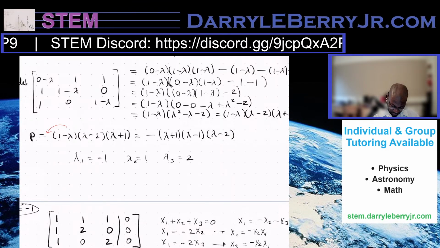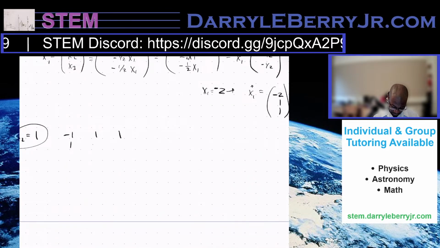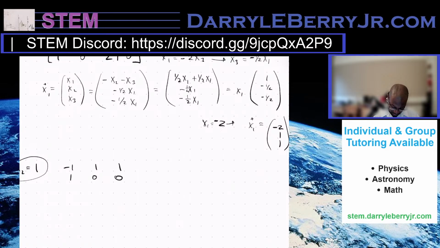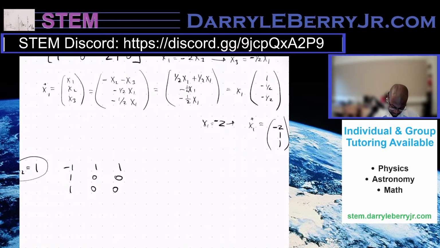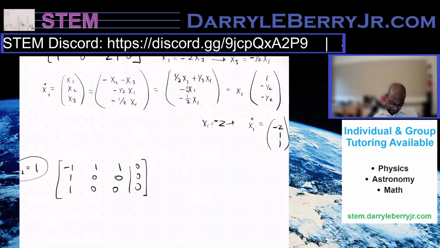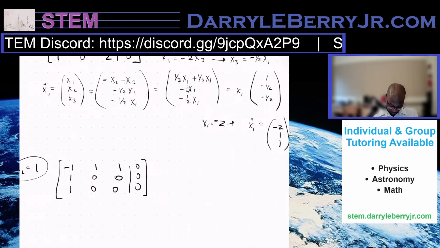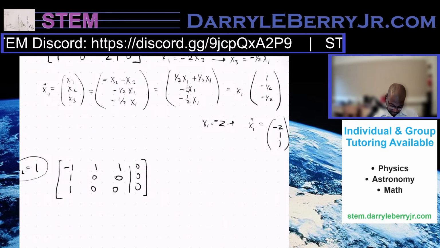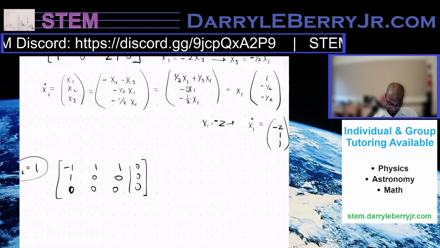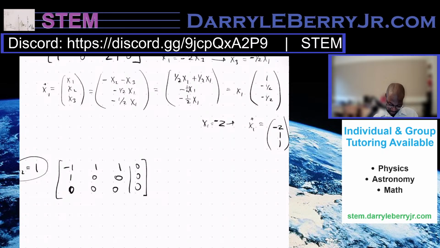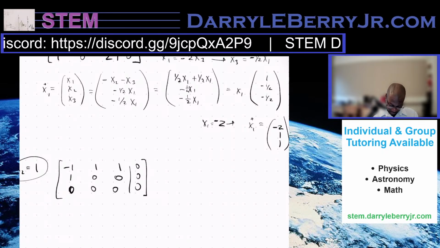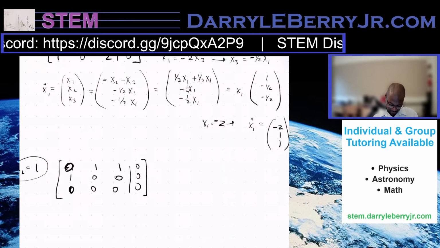1, 0, 0, 1, 0, 0. So initially, since these are linearly dependent rows, we could zero one of those out. And we can also use row 2 to zero this row out.